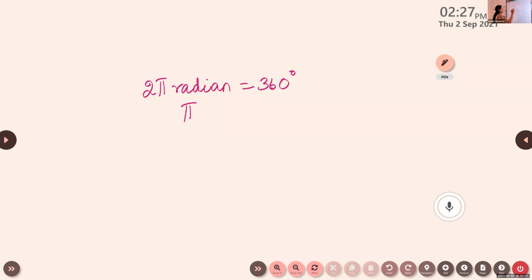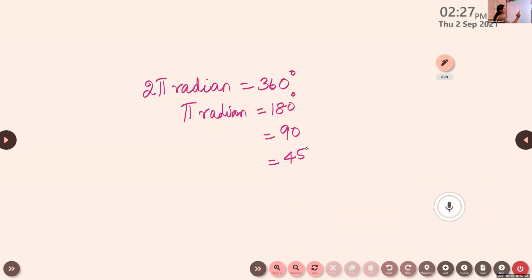Therefore, what will be pi radian? 2 pi means 360, so pi will be 180 degrees.